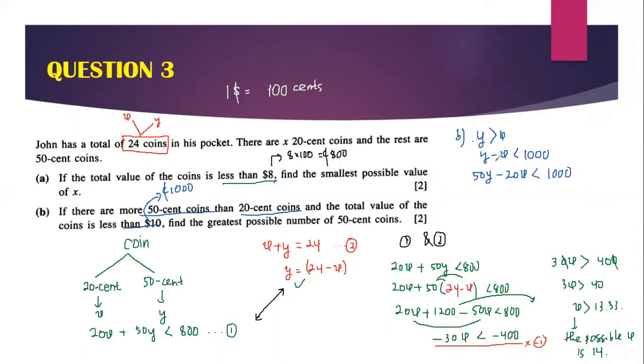Now X is 14, right? So 50Y minus 20 times 14 less than 1,000, so 50Y minus 280 less than 1,000.